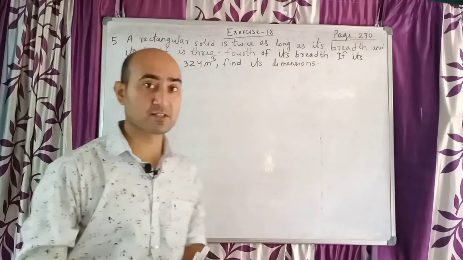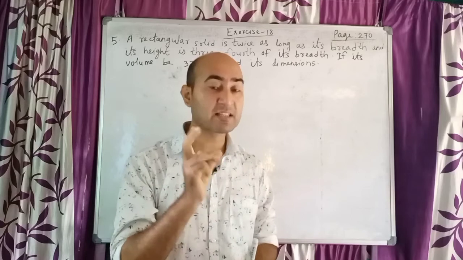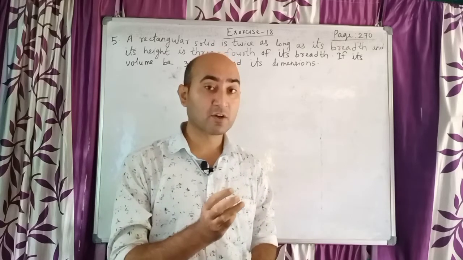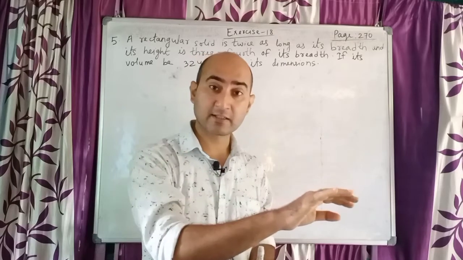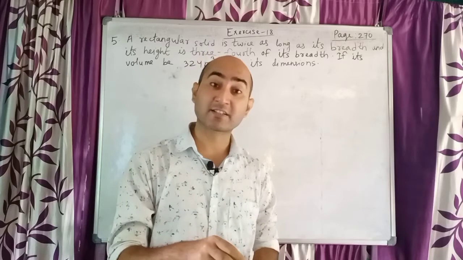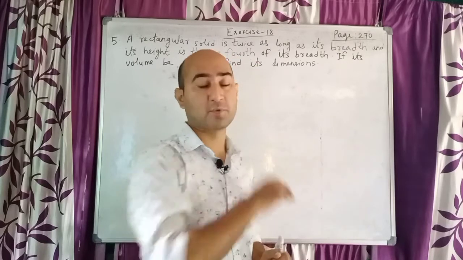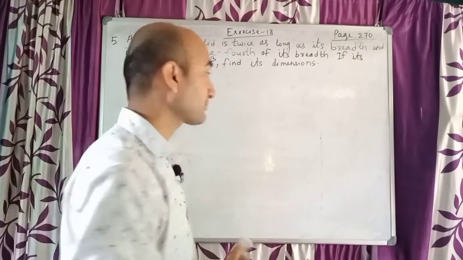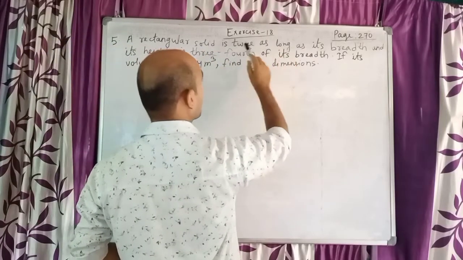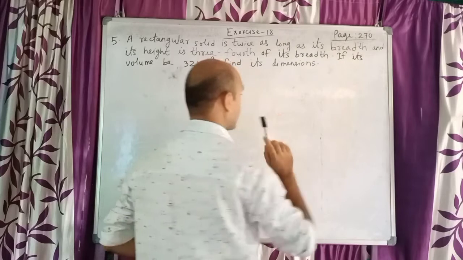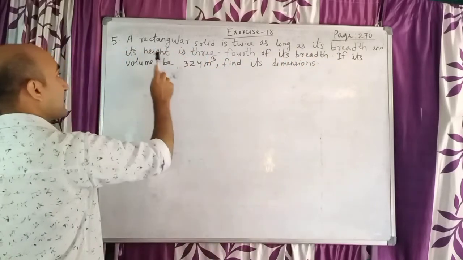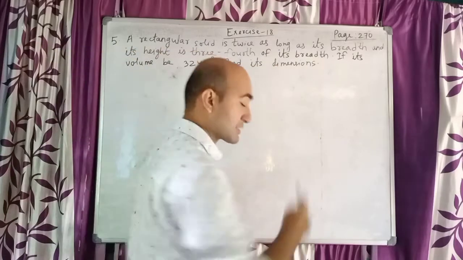Very important, children, we have length, breadth, height of a cuboid. The relation of length is connected with breadth, as well as the relation of height. That means length is twice its breadth and height is 3/4 of its breadth.